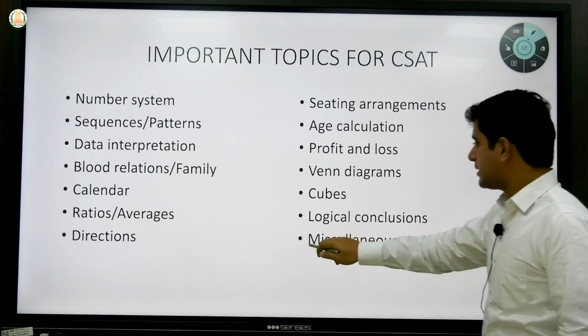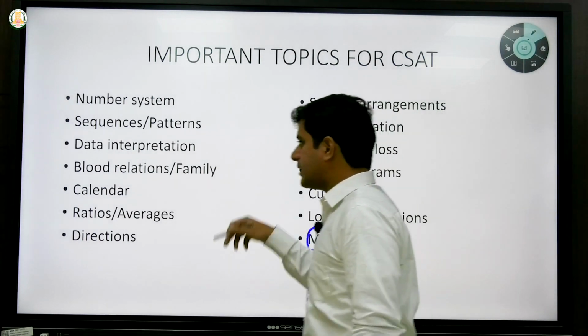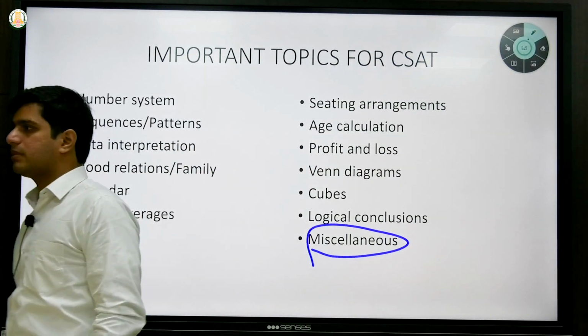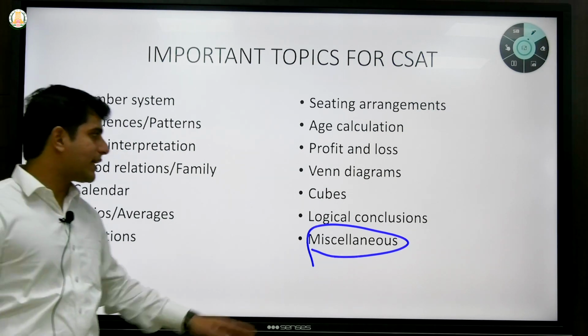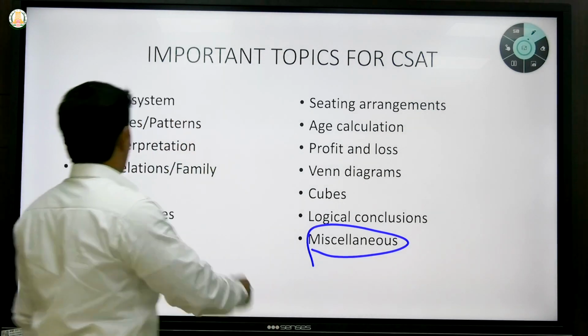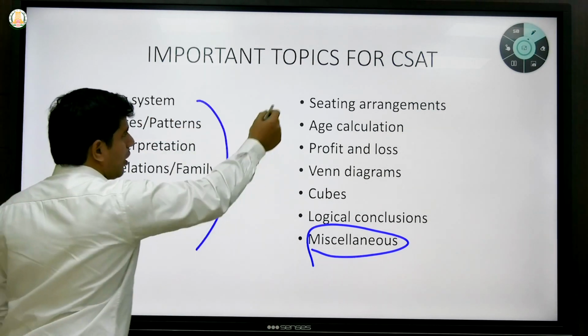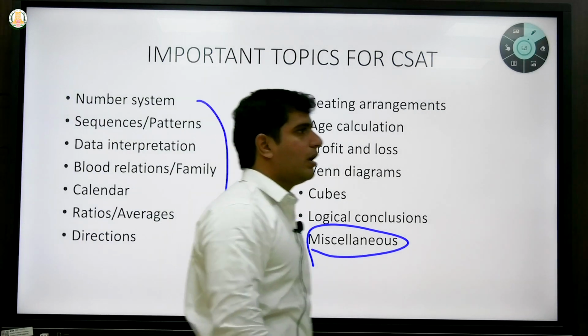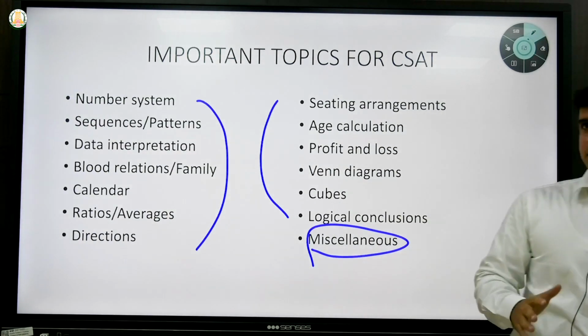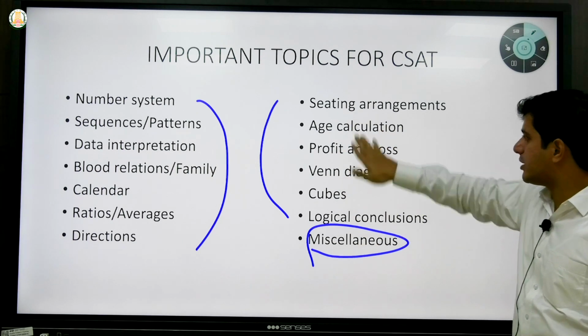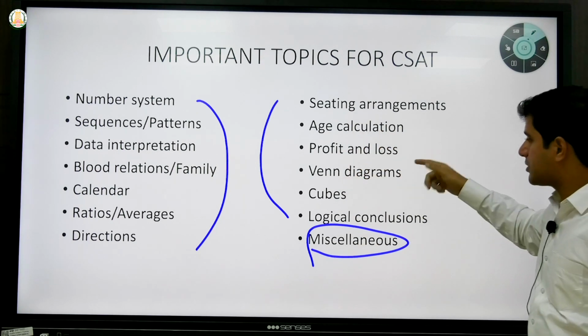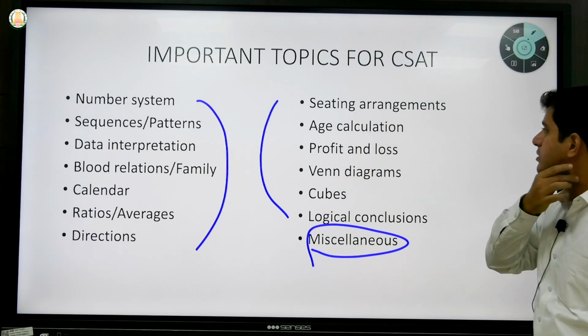And finally, there are some miscellaneous problems which you can't categorize here. There are some velocity problems and some other problems which you can't categorize. But all these categorizations are not rigid. Everything is again logic only. Profit and loss is logic: you know what is profit, you know what is loss, so you can calculate.